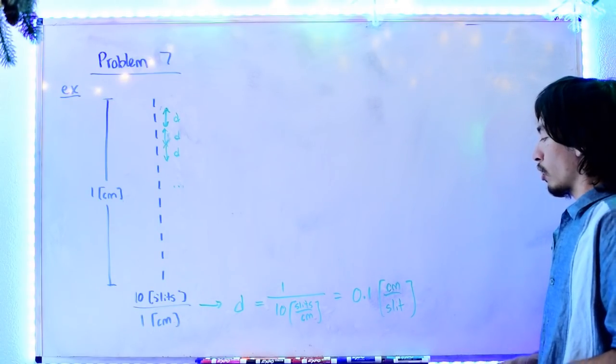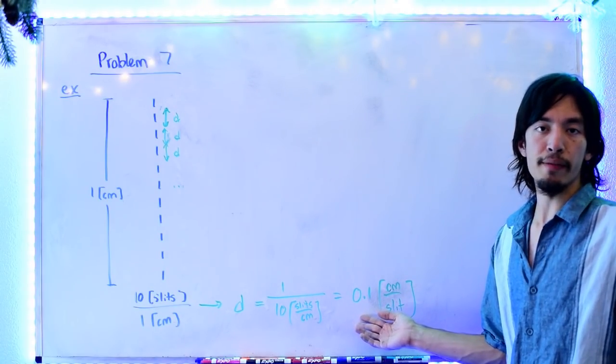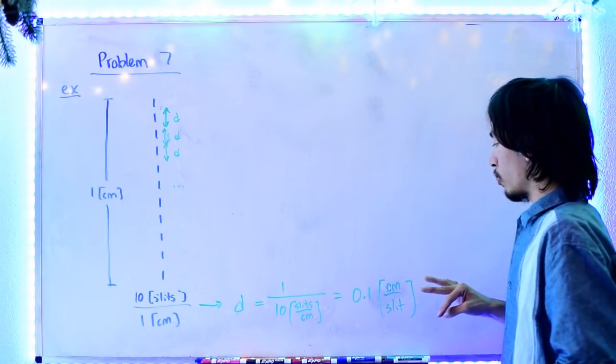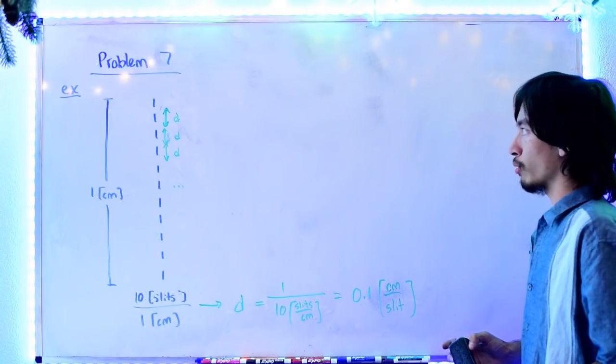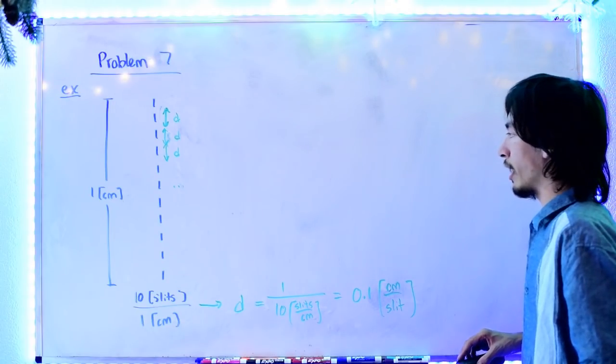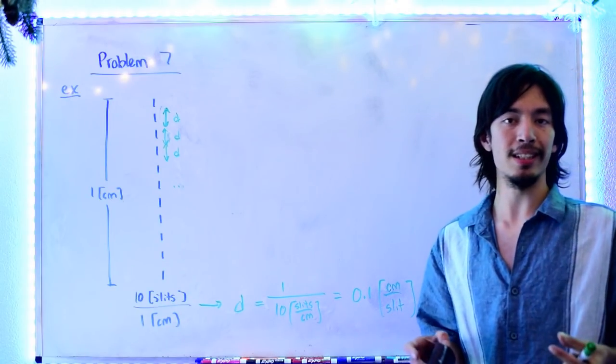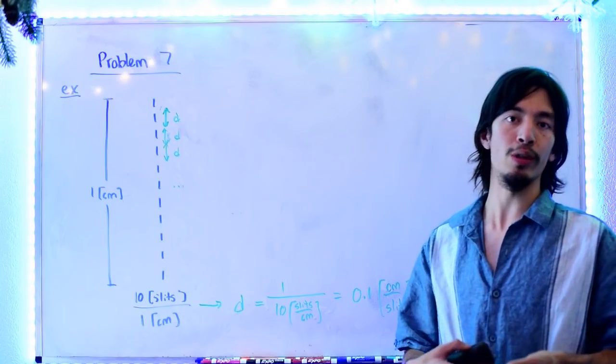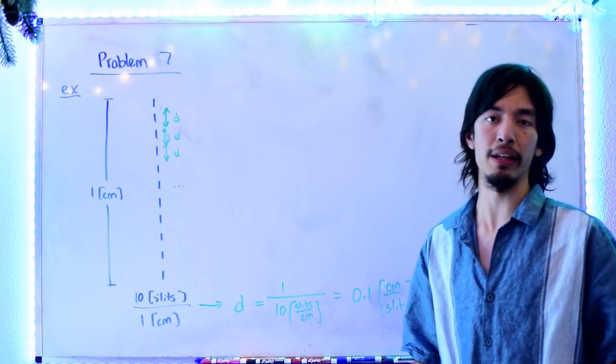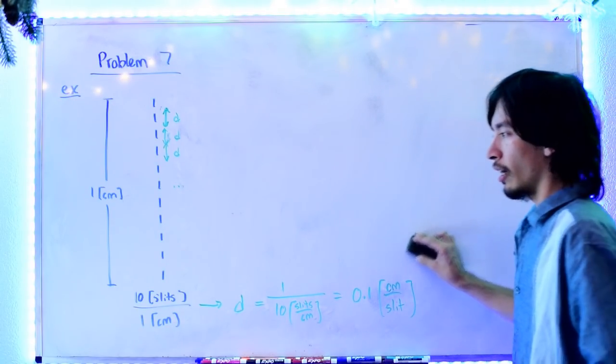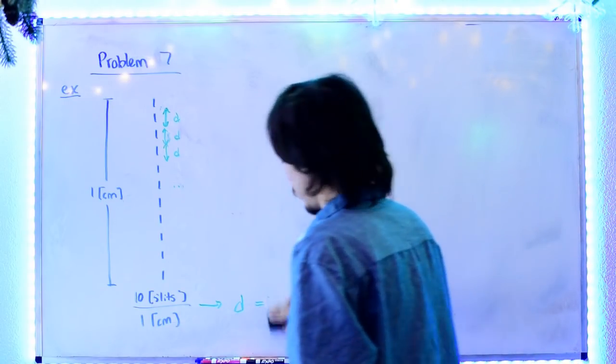Okay, so this is the distance d if you were to just flip it. So for this particular problem, what I want to do is figure out what the distance d is, so that if I flip it, I will get the number of slits per centimeter or per meter. So let's find that out.